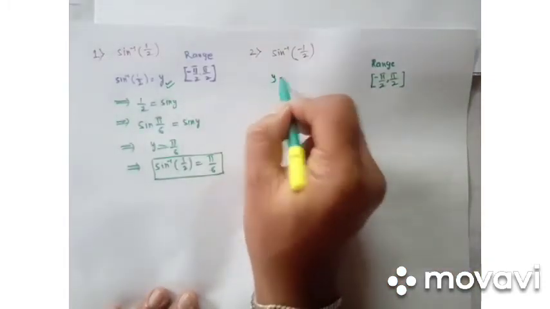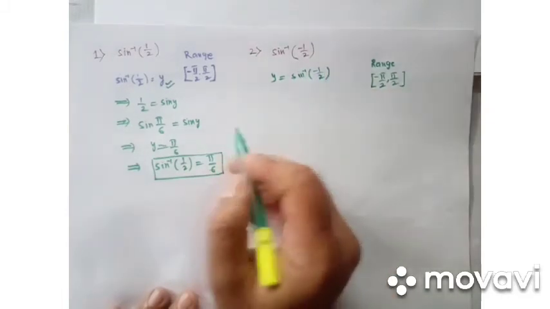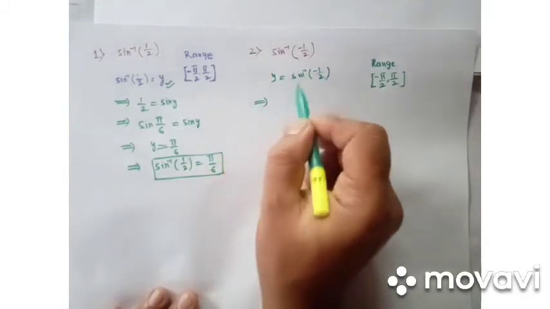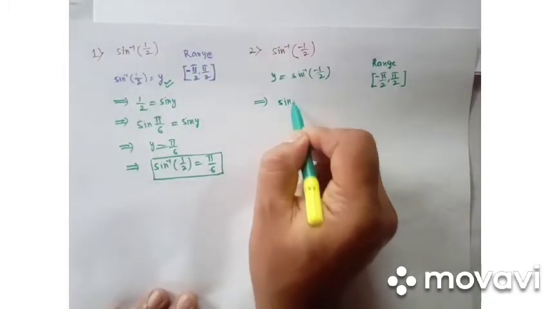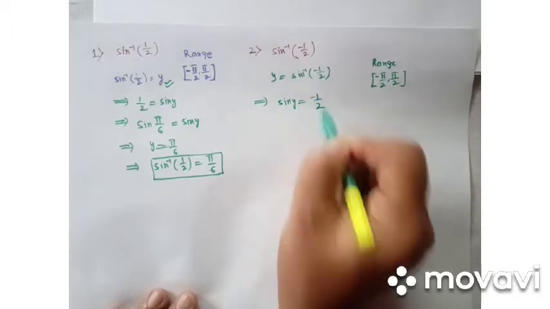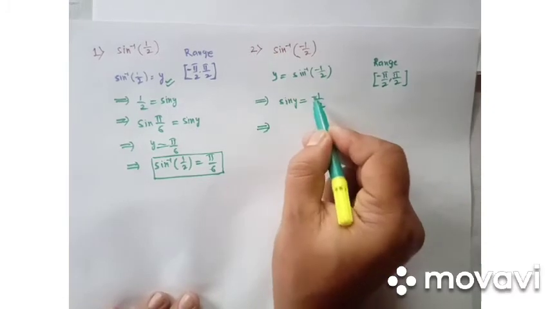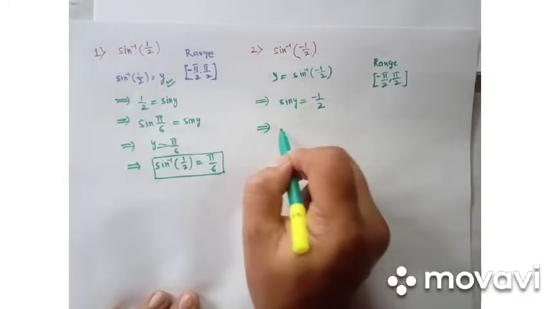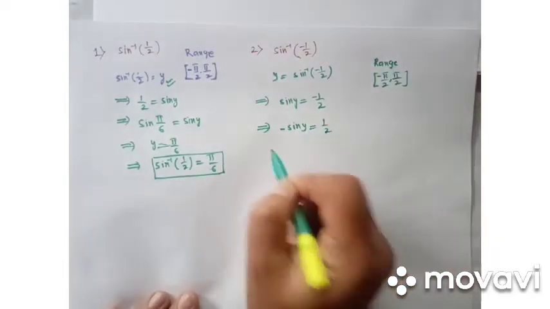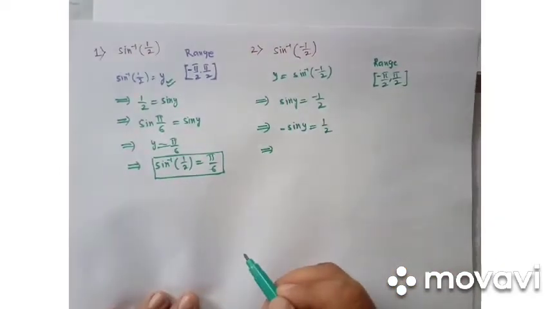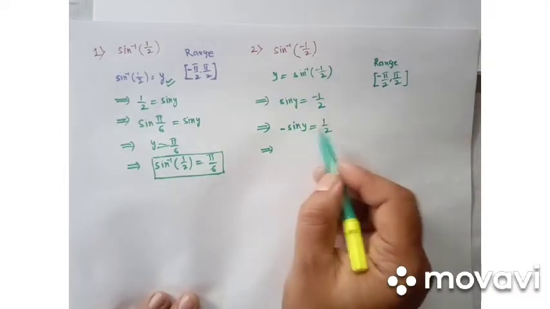Now considering y is equal to sine inverse of minus 1 by 2 and sending the sine inverse to the left hand side, then it will become sin y is equal to minus 1 by 2, and this implies send this minus value to the left hand side: minus sin y is equal to 1 by 2.